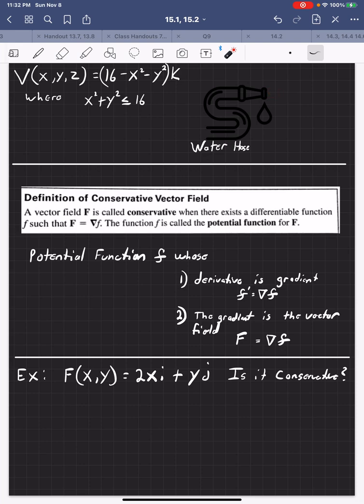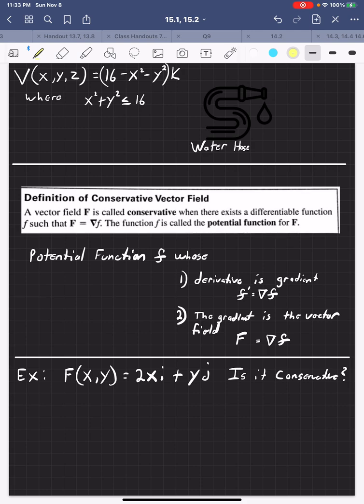So in other words, you would have vectors in this region that would represent the velocity of the water coming out of that hose. Now I'm just making up some arbitrary function here, but the real question is, if you were to look at that vector field from that hose, what would you expect? Where would you assume the velocity is the greatest?